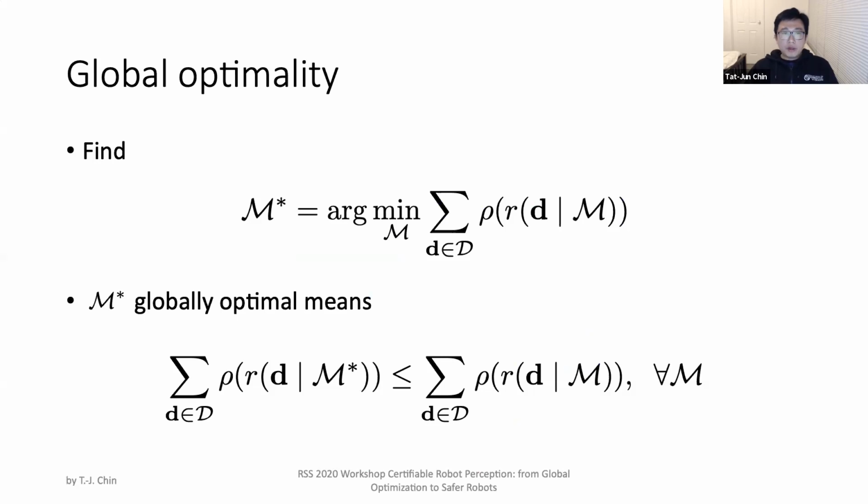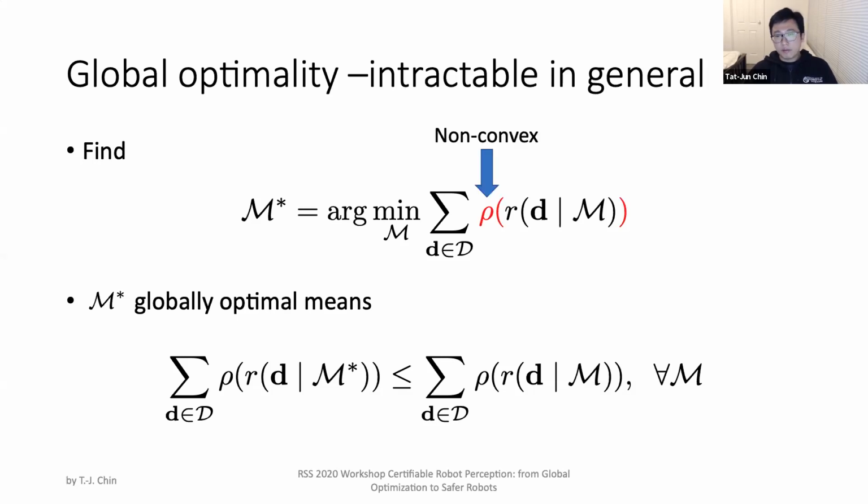All right, so a quick definition of a particular robust formulation. What does it mean when we say we want global optimality? That means that we want to find the model parameter M star such that no other model has a lower robust objective value. All right, that's what we mean by a global optimal solution.